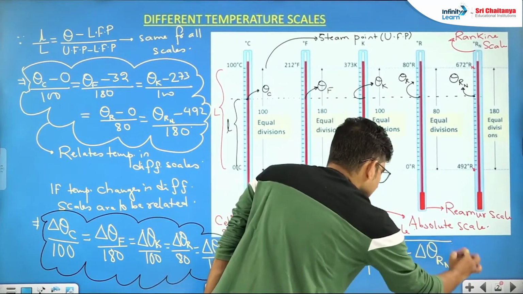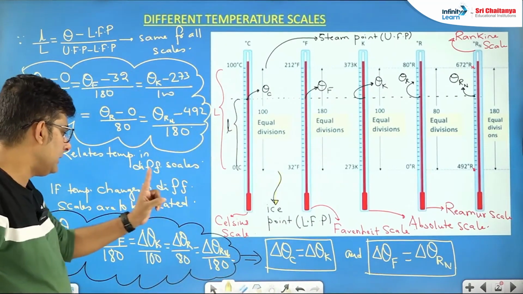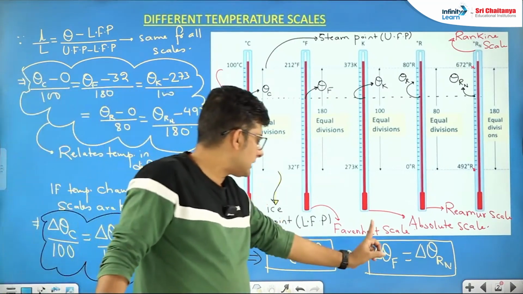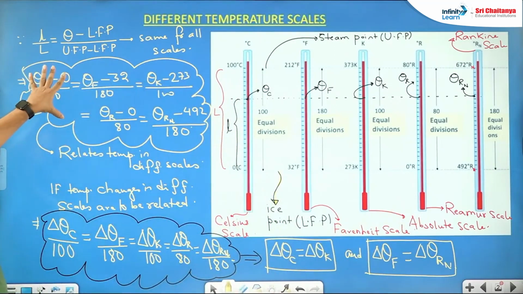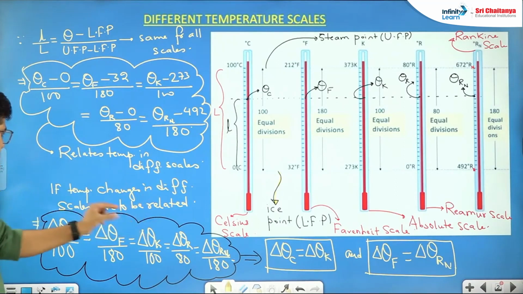These are two very important results, remember. When they ask you to relate temperature, use this relation. When they ask you for change, just replace this by delta theta, that's it. Is it clear to all of you? Please let me know first.